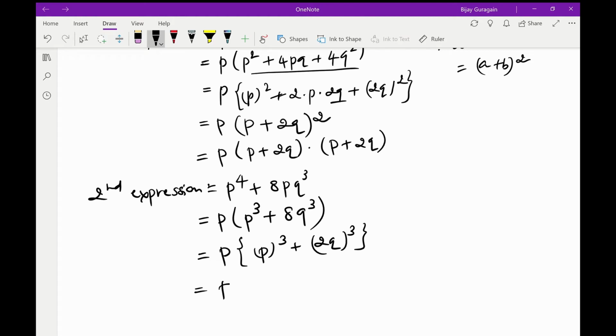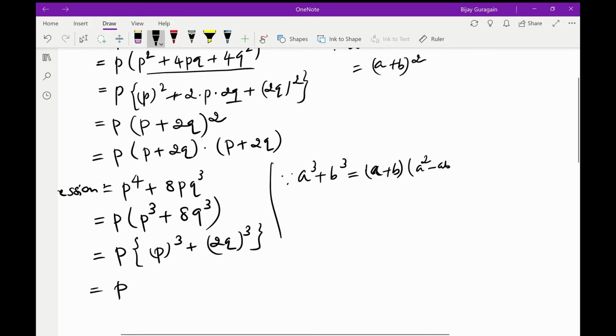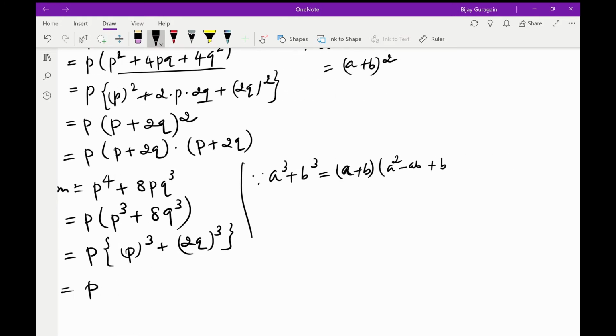Since a³ + b³ equals (a + b)(a² − ab + b²), this is our formula.